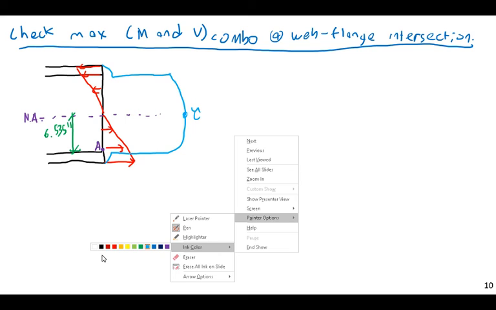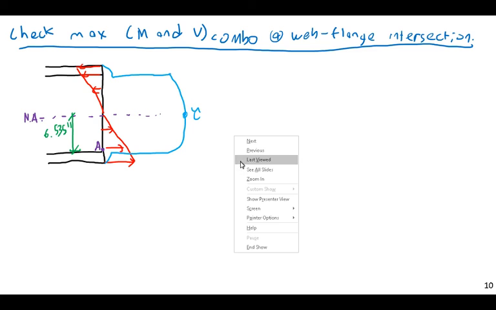So let's see. Max V and M combo. So what do I really mean by that? The shear value that I'm going to use is 2.61 kips. So how do we get that?